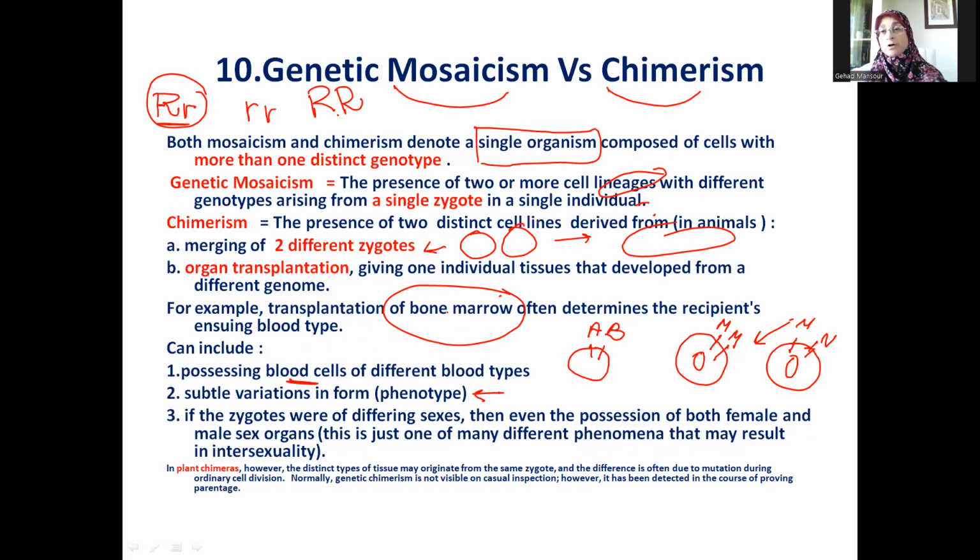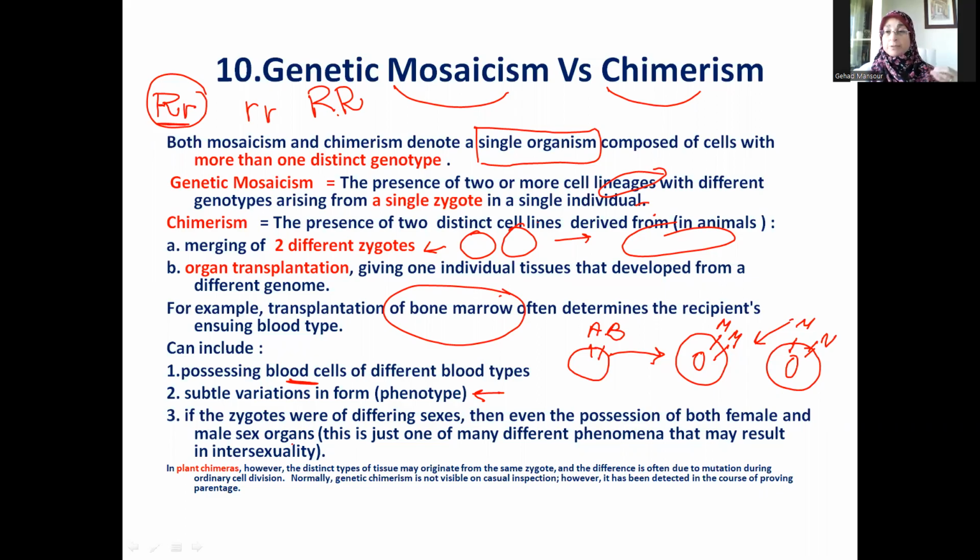But of course, we cannot have major variations. For example, we cannot give blood cells or bone marrow that produces blood cells of the AB type to an individual that is of group O.